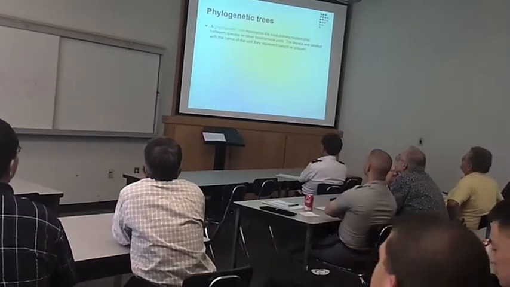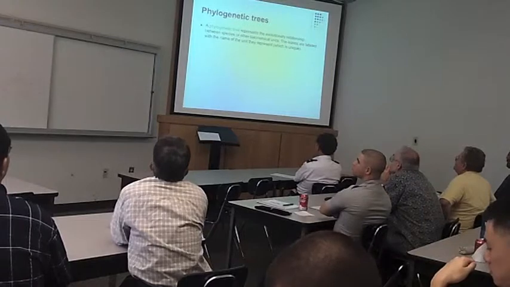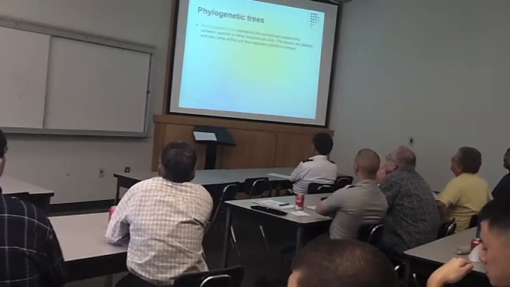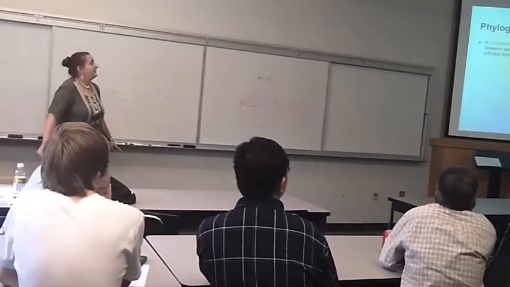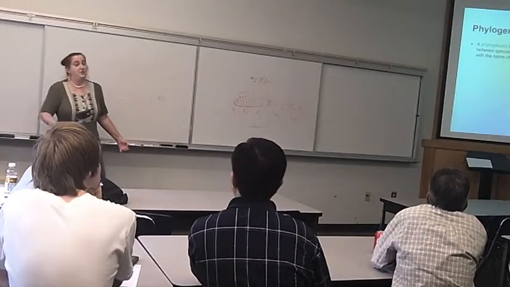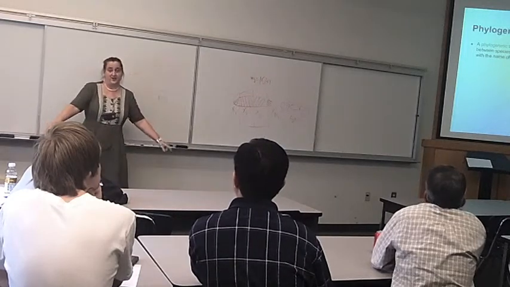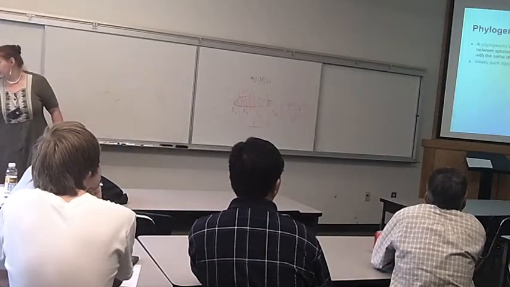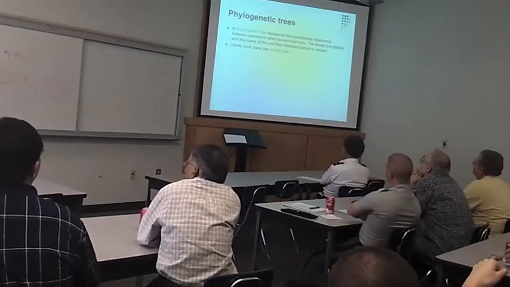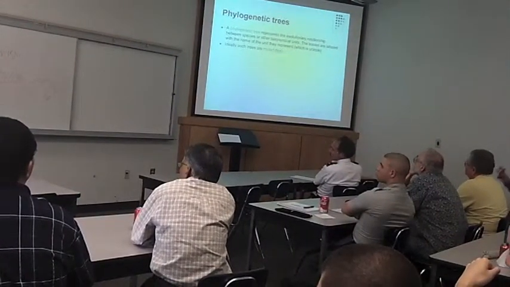So, mathematically speaking, a phylogenetic tree represents the evolutionary relationship between species or other taxonomical units. The leaves, the end vertices, are labeled with the name of the unit they represent, and that is unique. So I don't use the same label on two different end vertices. Now, ideally, such trees are rooted, and I'm only going to talk about rooted ones right now.